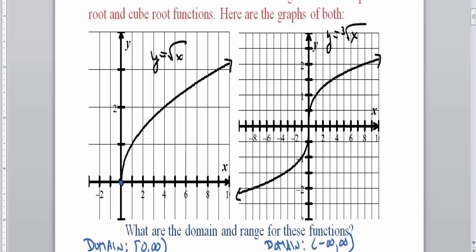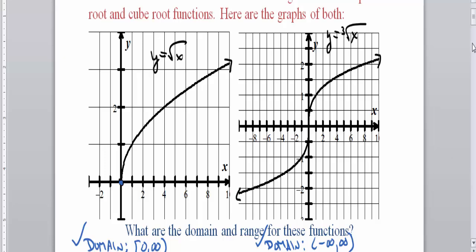And remember again from the first three sections with the radical expressions, you can take the cube root of a negative number, right? You can take the cube root of any number, whereas you can only take the square root of a positive number or 0. The square root of a negative number did not exist. So hence the difference in the domains of the square root and the cube root functions.